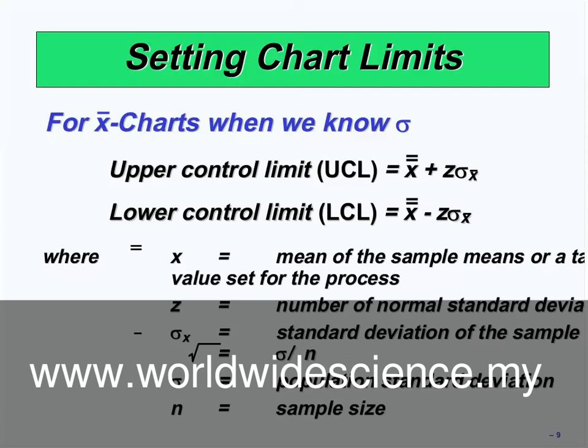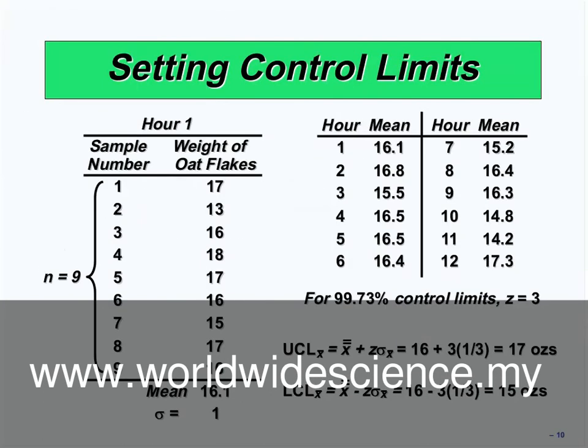Please look at the example here. This example belongs to a food company that is producing oat flakes. Oat flake is a grain flake, and the weight of the oat flakes is very important for managers, engineers, and the specialists who have produced these flakes.